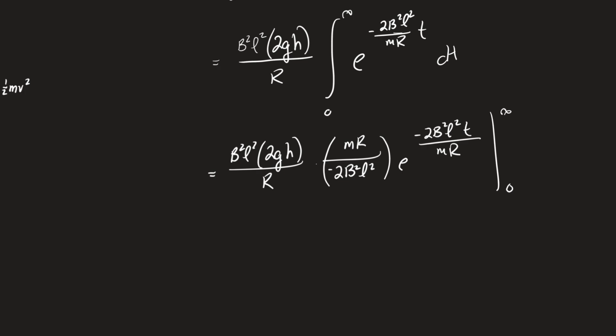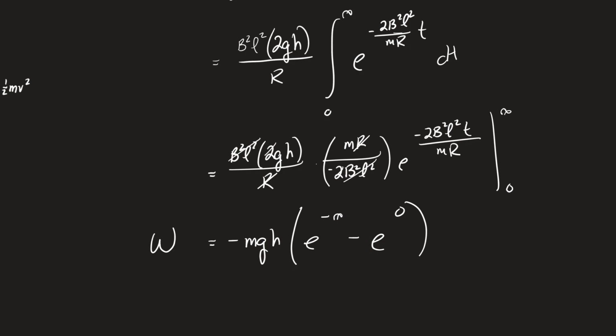All right, so let's do a little bit of reduction. R, B squared L squared, B squared L squared, 2, 2. So I have negative MGH times e to the negative infinity minus e to 0.